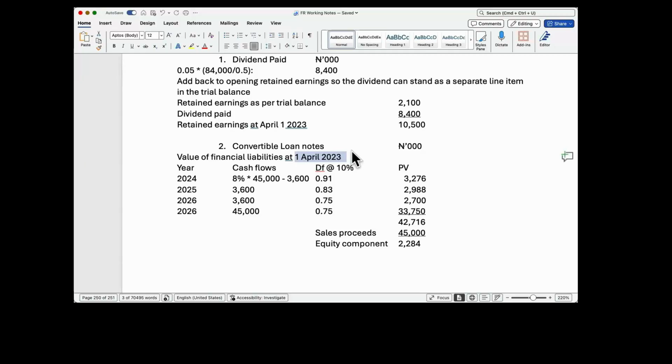The interest you're going to pay, you discount to present value. The principal you're going to pay, you convert to present value. That's how we get the value of the liability on 1st April 2023, at the beginning of the year. Then compare that with how much you actually borrowed, so that the balancing figure gives us the equity component.